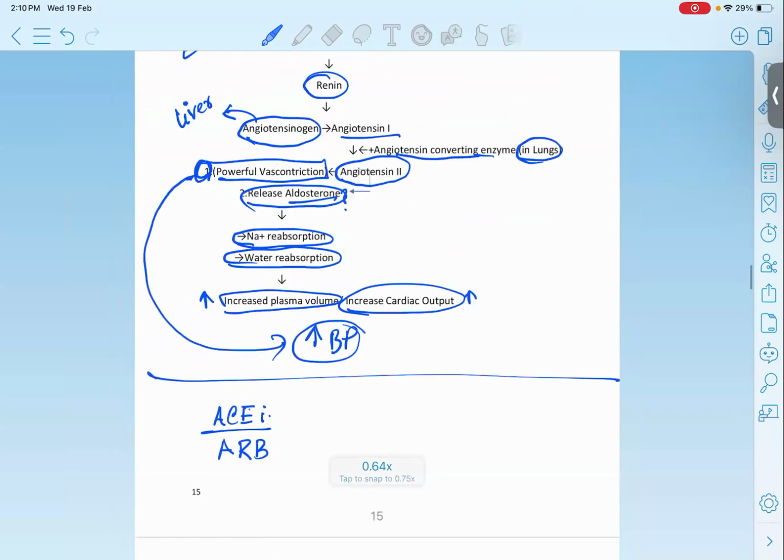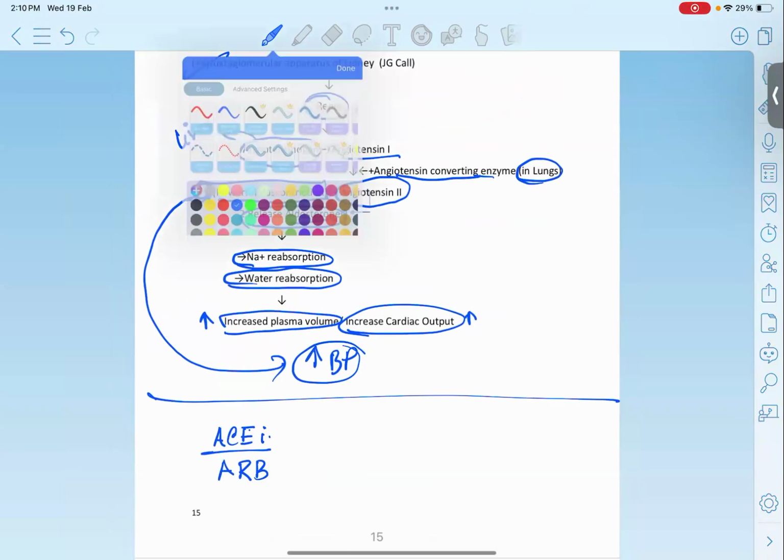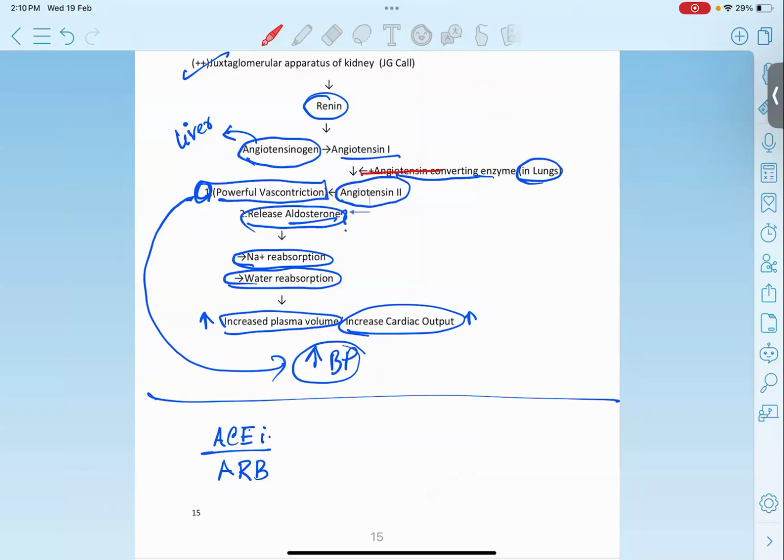So ACE inhibitor will work right here. It will block the angiotensin converting enzyme. If you are giving an ACE inhibitor to someone, it works right here. It blocks the angiotensin converting enzyme, so angiotensin 1 cannot get into its active form, angiotensin 2.